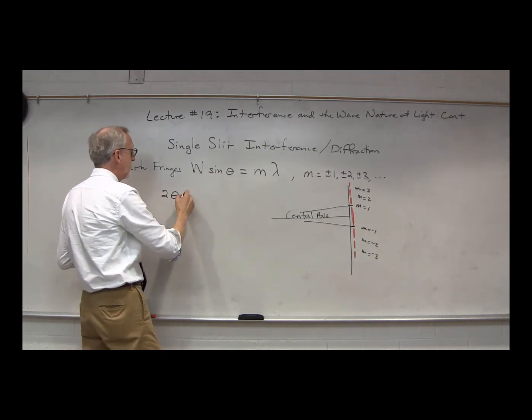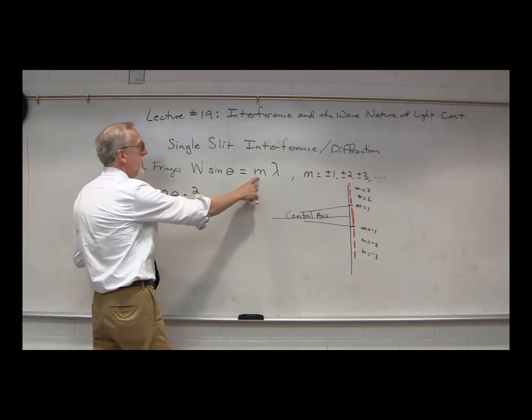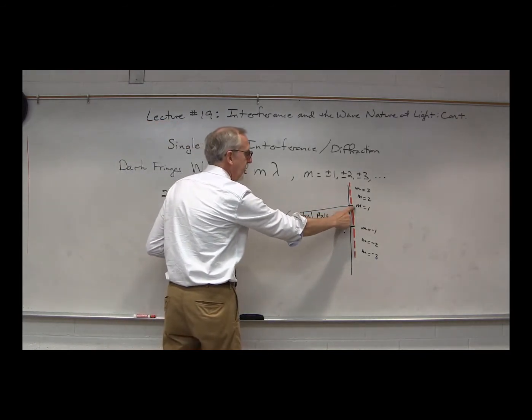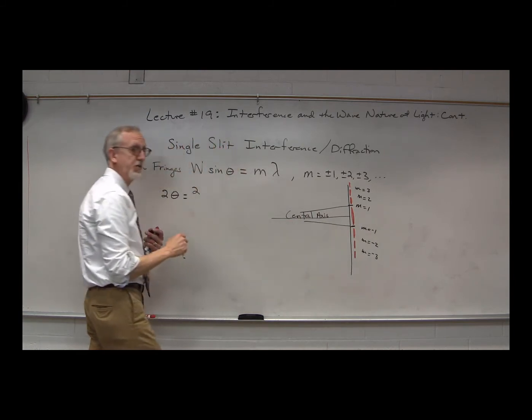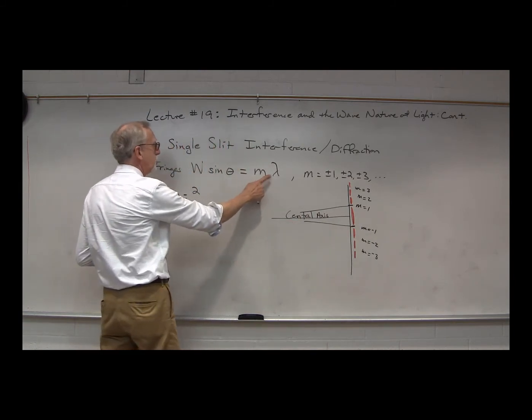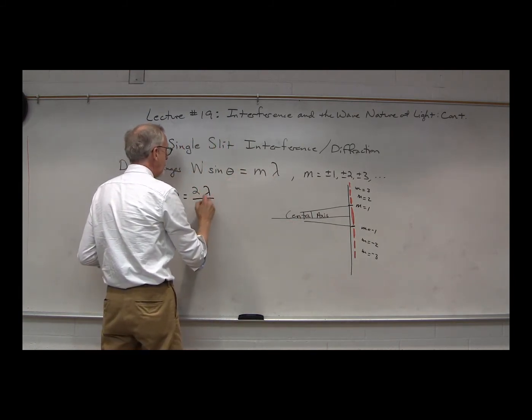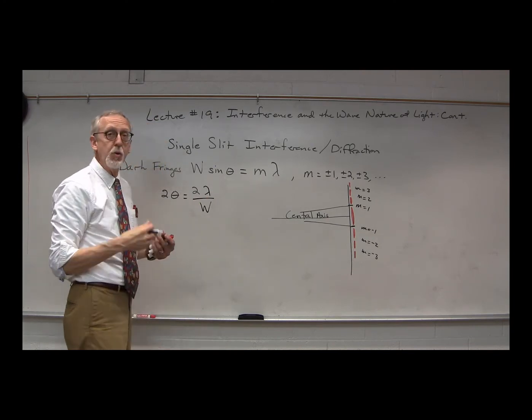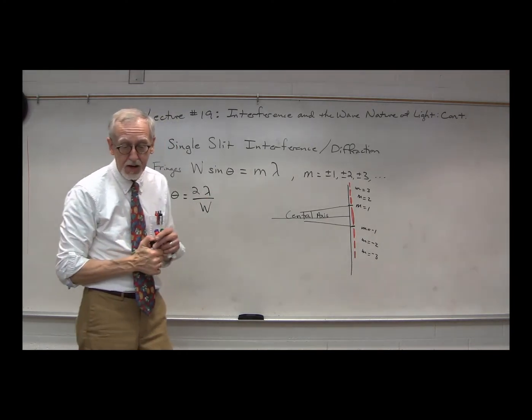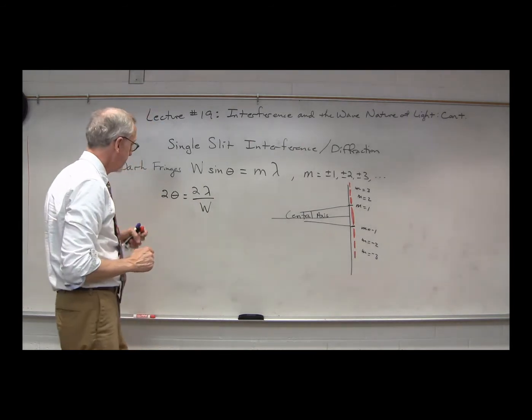Divide by W, what do we get? We get 2m, we're looking at the distance between the first dark fringes, so that would be m equals 1. So m equals 1, so 2 lambda over W. So that would be the width of the central bright fringe.